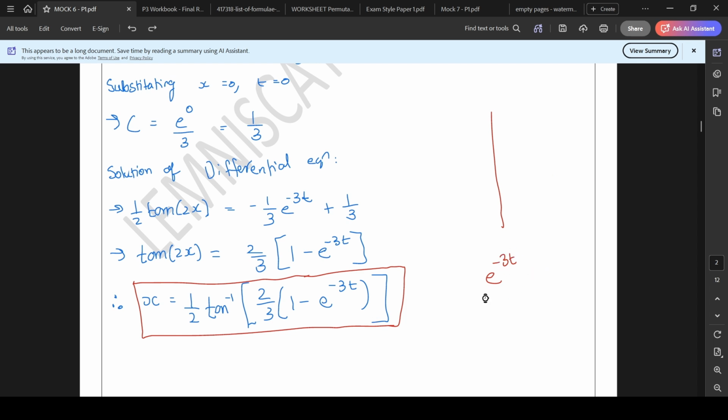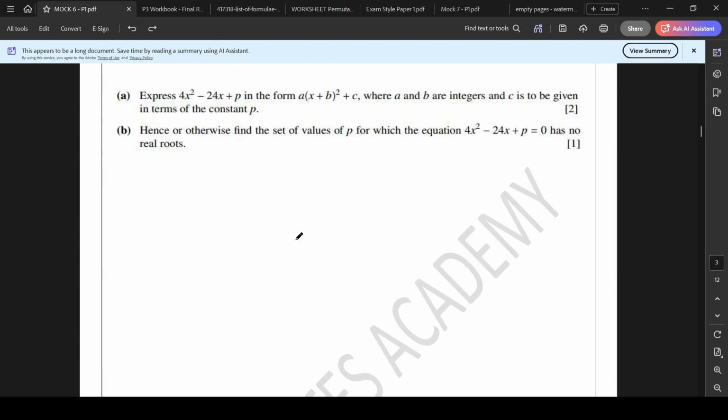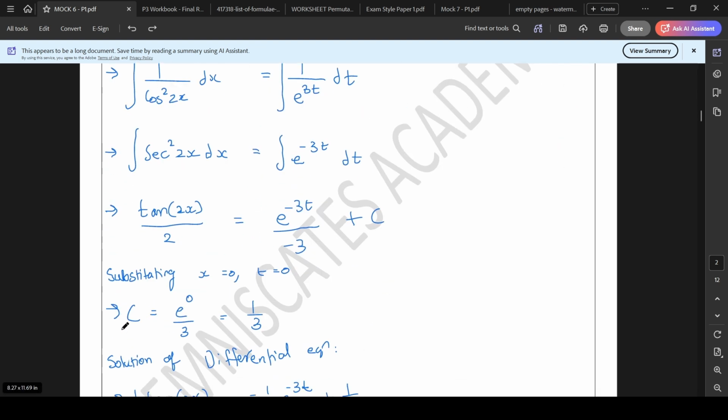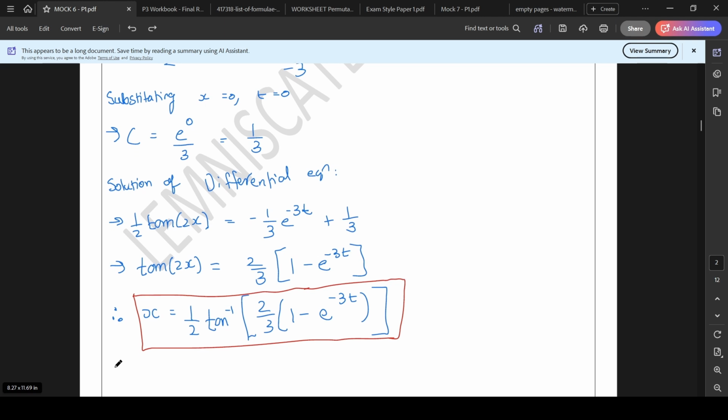So how do you write the answer over here? Let me just go ahead and write a statement that for my B part, as t tends to infinity, I can say that the e to the power of minus 3t term tends to 0, not infinity.